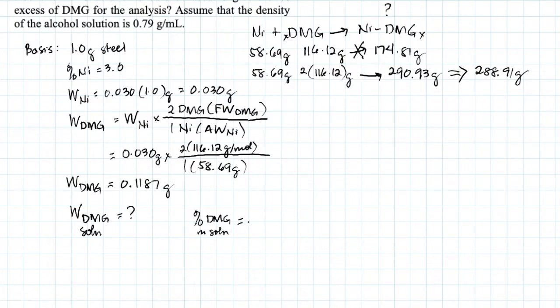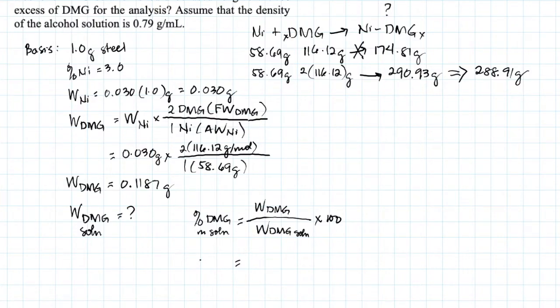And that is equal to the weight of pure DMG divided by the weight of the DMG solution times 100.